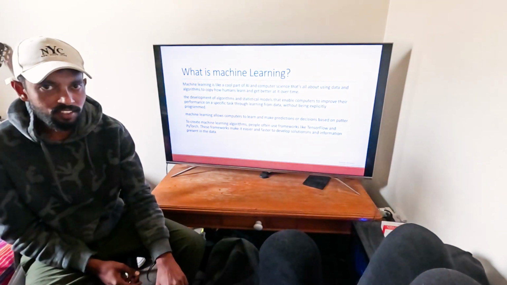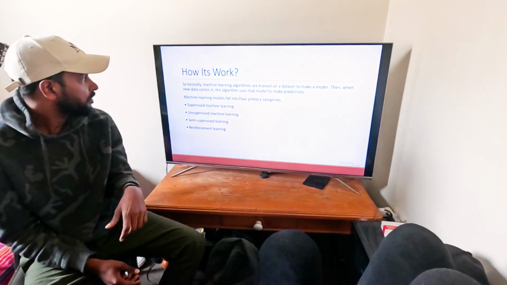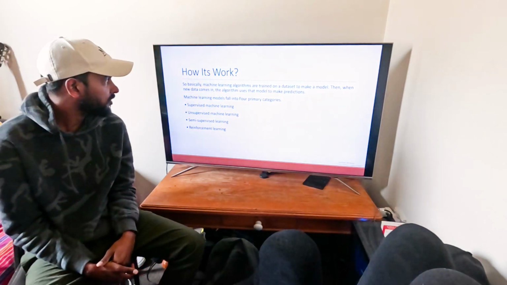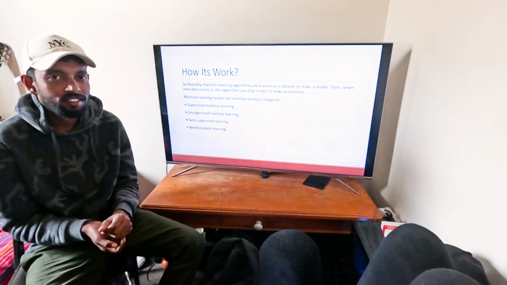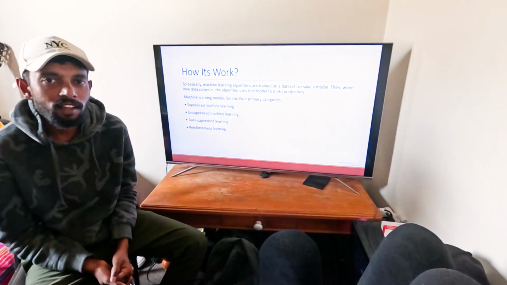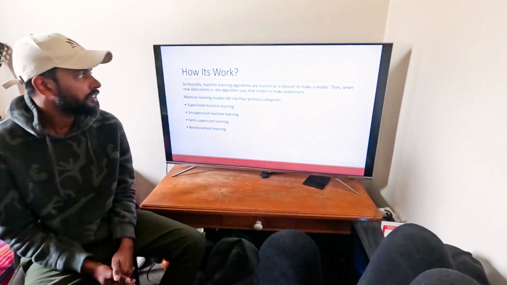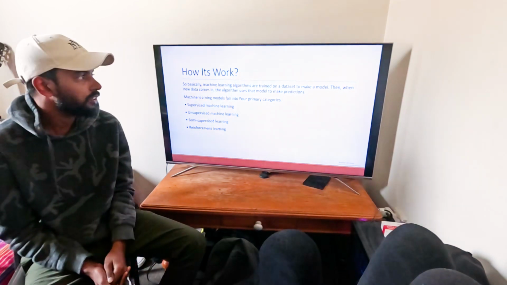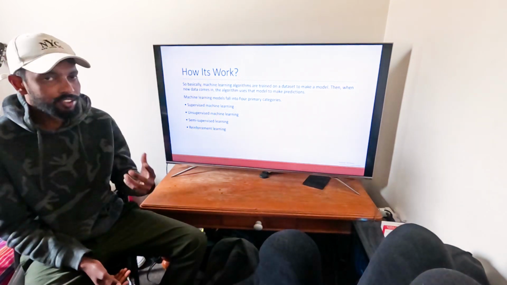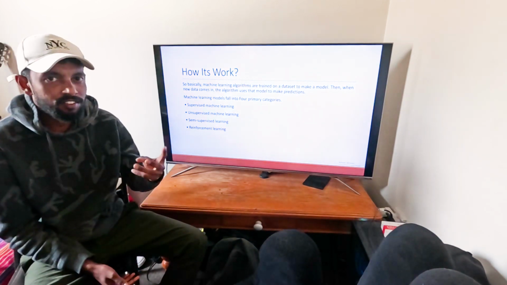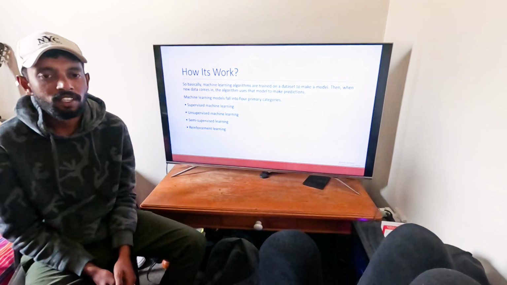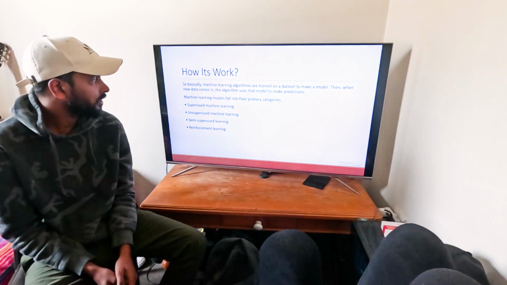Let's move to the second slide. How does it work? Basically, a machine learning algorithm trains on a data set to make a model. Then when new data comes in, the algorithm uses that model to make a prediction. There are three types of ways that we can use machine learning.